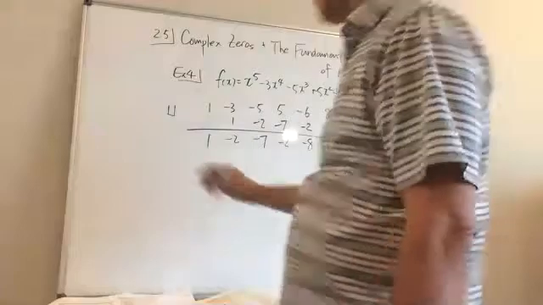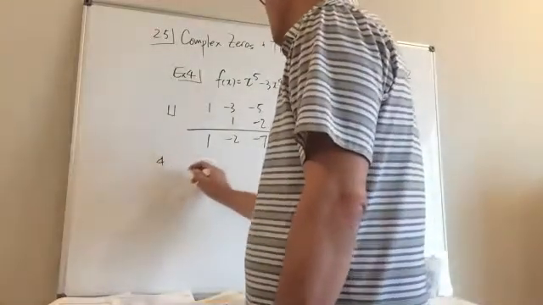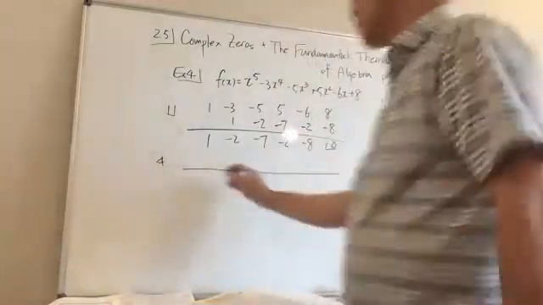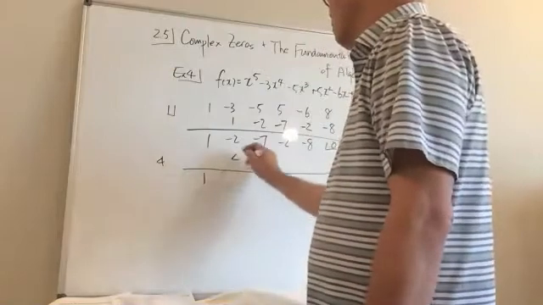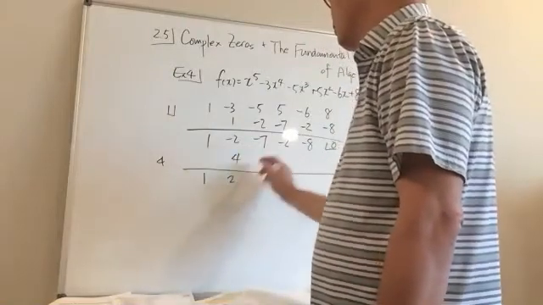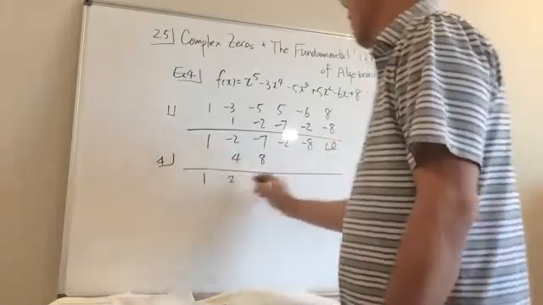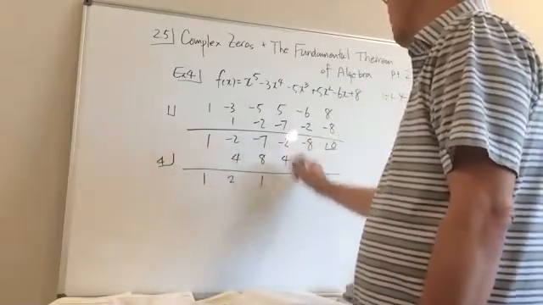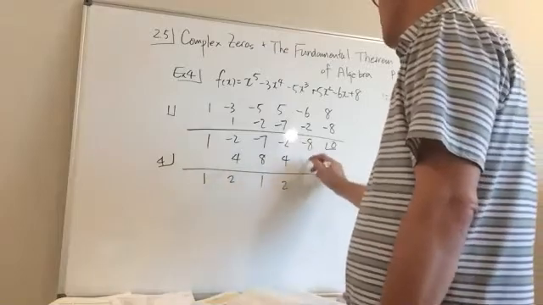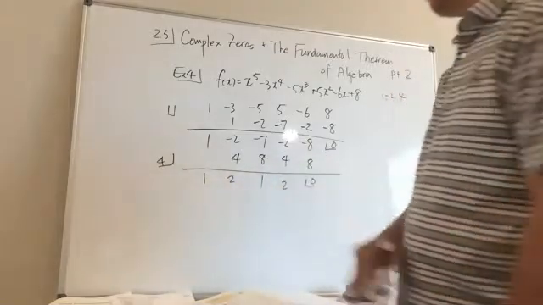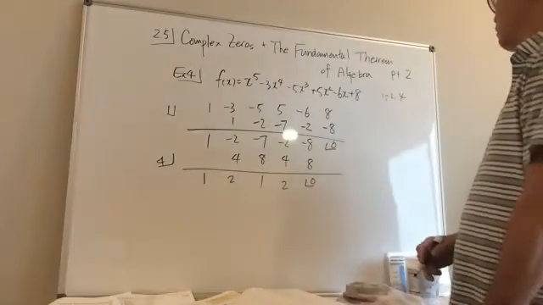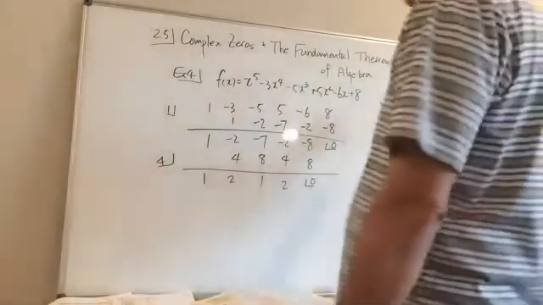Then I'm going to use 4. Let's use 4. 1, 4, 2, 8, 1. 4 times 1 is 4. 2 times 4 is 8, 0. Okay. So then I'm going to use -2.